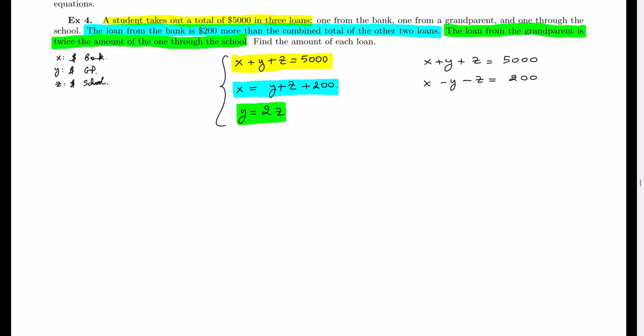And finally, the third equation will have y minus 2z equals, well, when we move the 2z across, there's nothing left there, so that's just going to be 0. So this is going to be called equation 1 and equation 2, and finally equation 3. And what we have to do now is work our way backwards to find x, y, and z somehow.